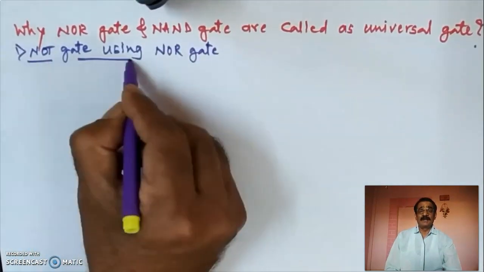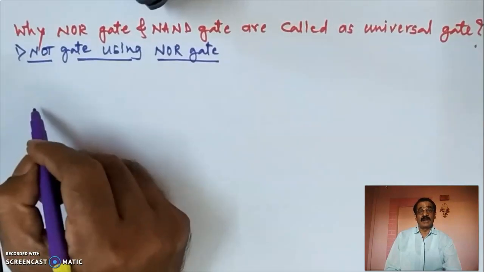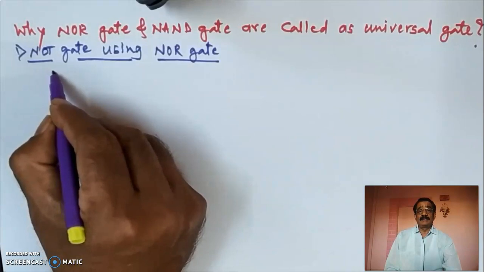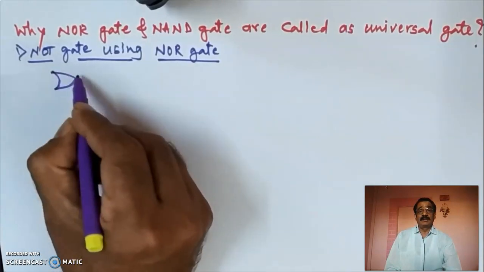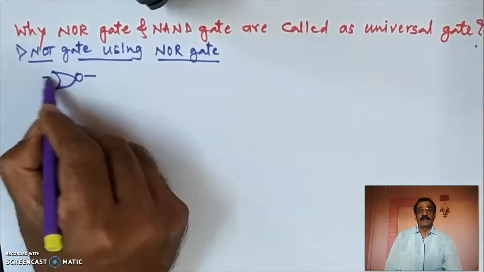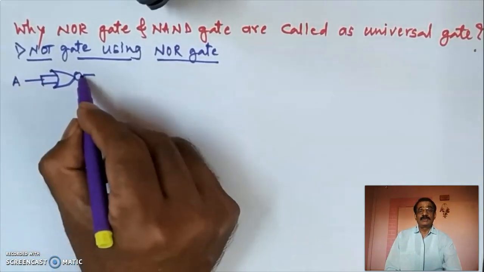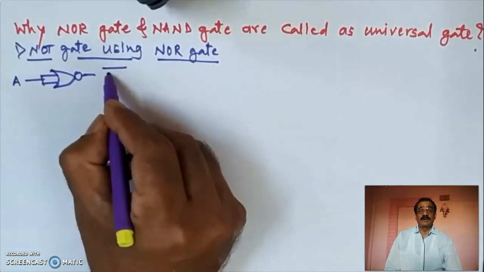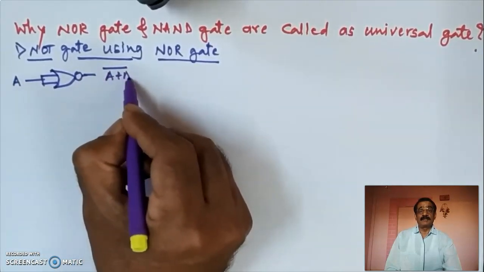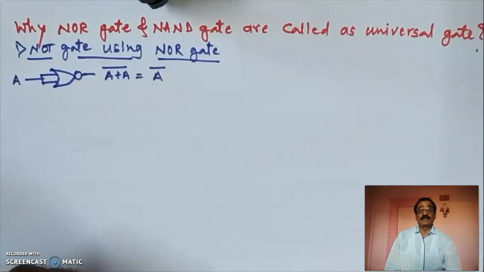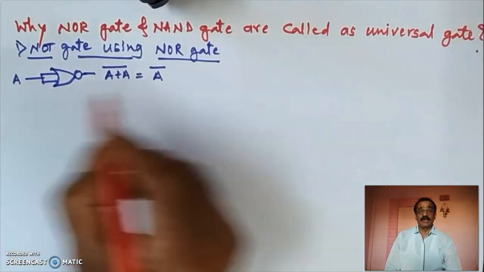For this, draw the symbol of the NOR gate. Then connect both inputs together and apply the input A. So its output is complement of A plus A, that is equal to complement of A, because using Boolean laws we can write A plus A is equal to A.